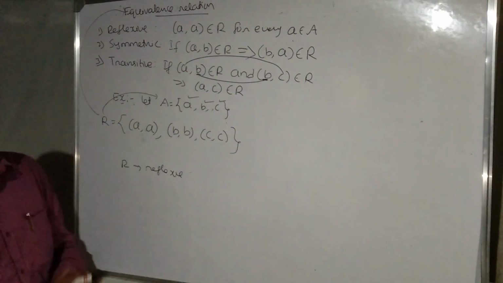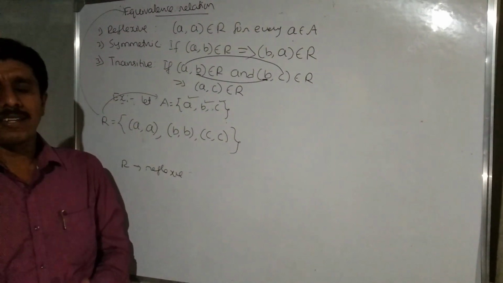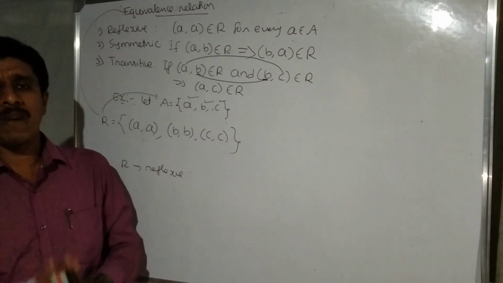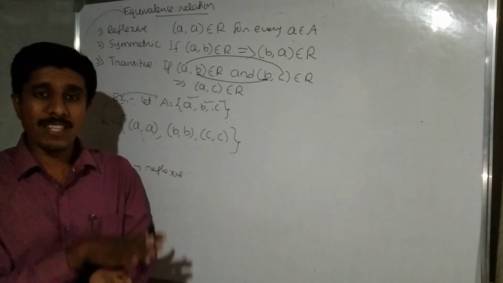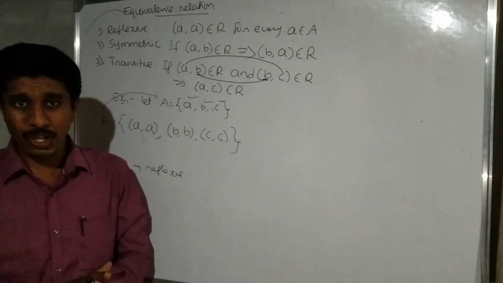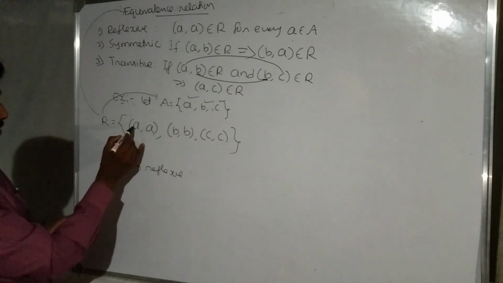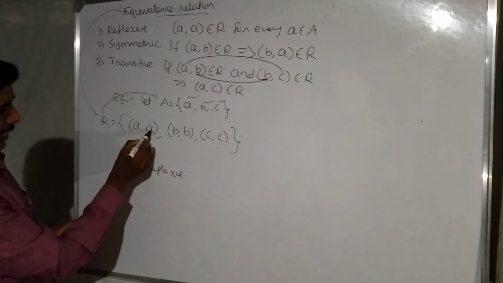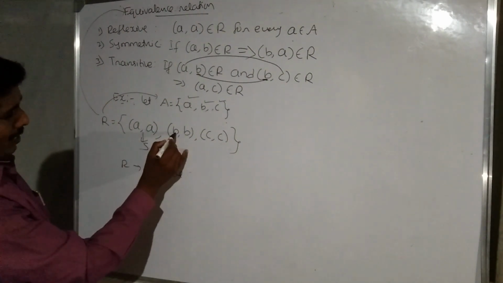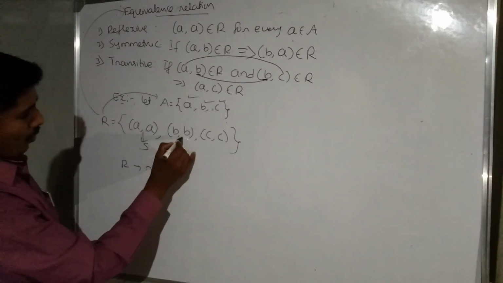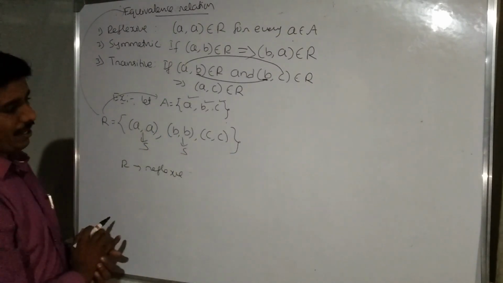Next, is it symmetric? We know that in the last class, in any ordered pair, first element is equal to second element means that ordered pair itself is symmetric as well as transitive. Here, first ordered pair, A equal to A, therefore it is symmetric. Second ordered pair, B equal to B, therefore symmetric.